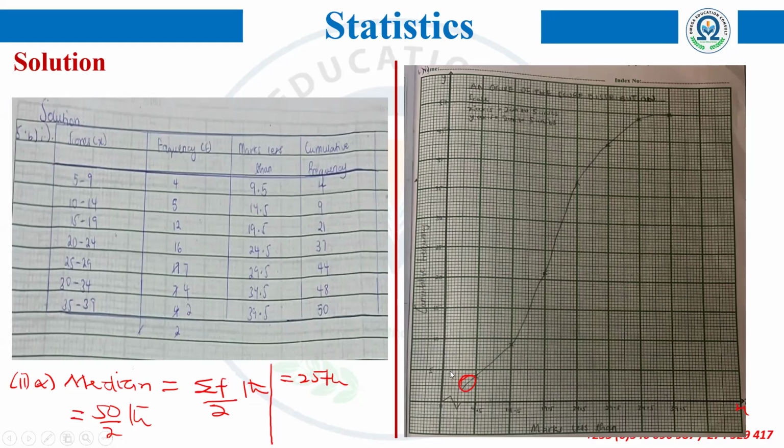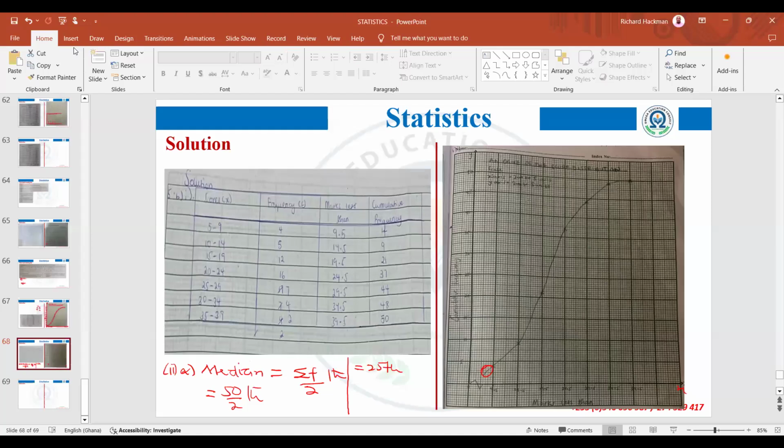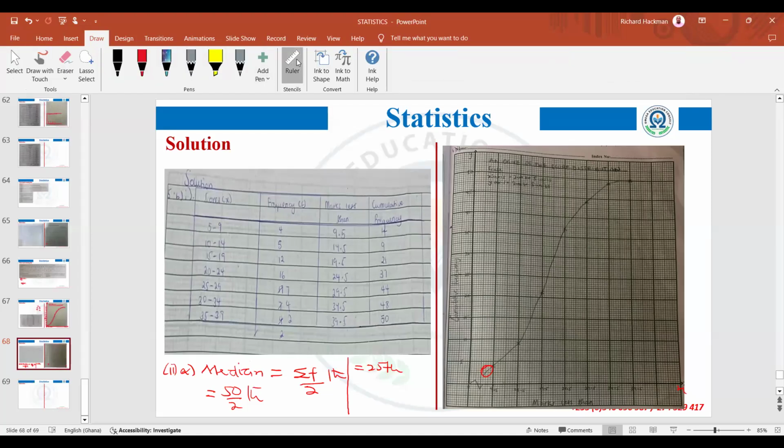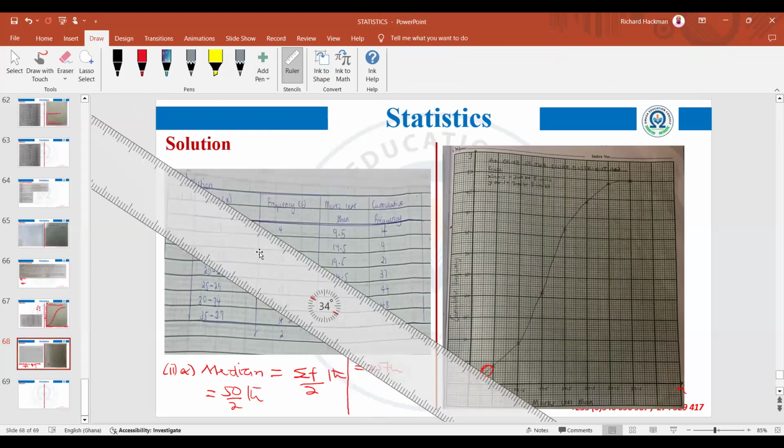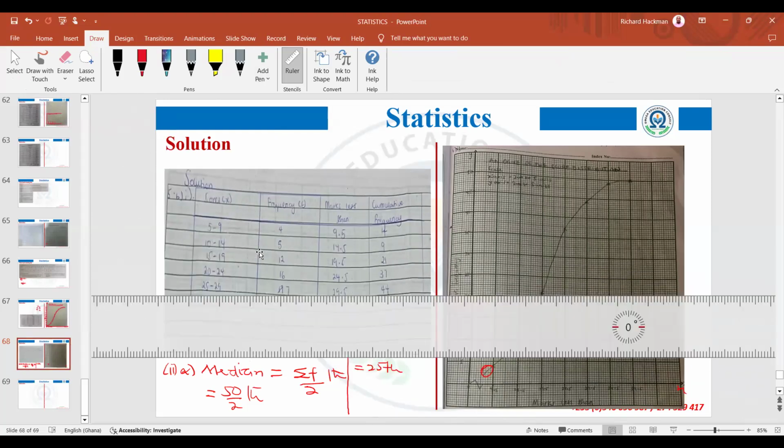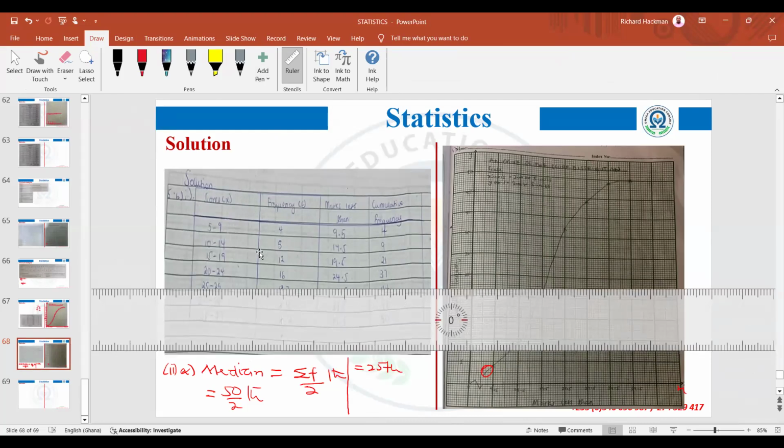So you come to your y-axis and look at where you can get 25. Then you trace. Let me go to the normal view so that I can pick my straight edge to help us do the tracing and know exactly what you are supposed to do. So now you come here, then trace. I can see 25 here.